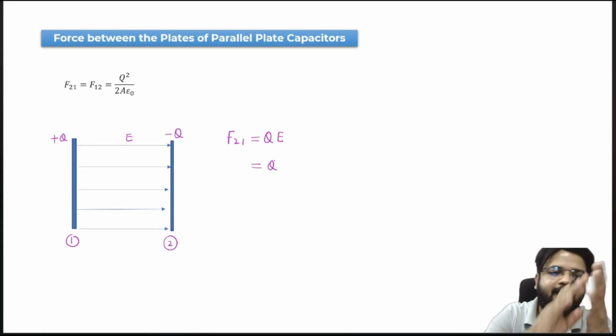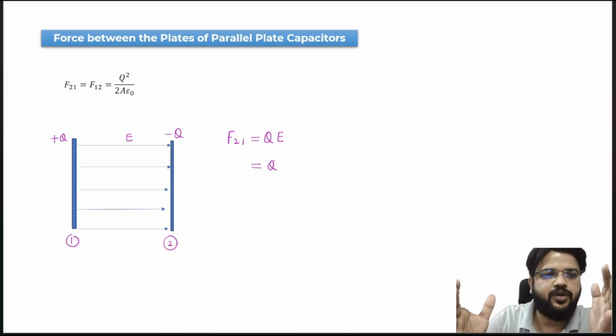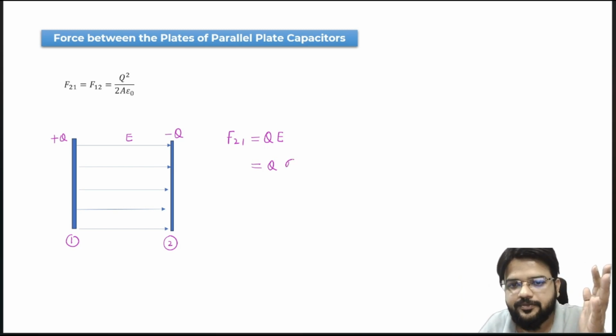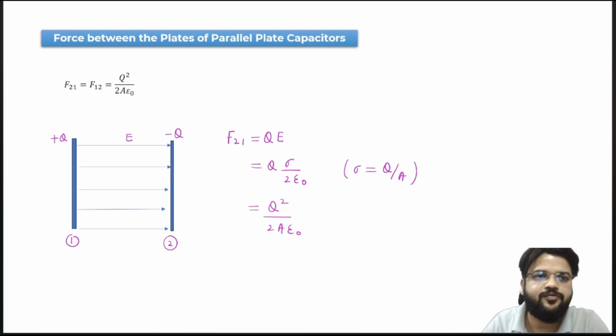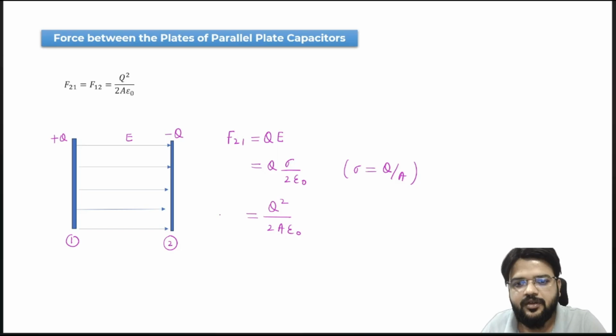And for a flat plate, the electric field created is sigma by 2 epsilon naught, correct? And sigma is the charge density, so it is Q by A. Now put this value here, the sigma value, which is Q by A. So we finally have Q square by 2 epsilon naught A. This is the force on the second plate due to the first, F21, correct? And this is the direction of F21.